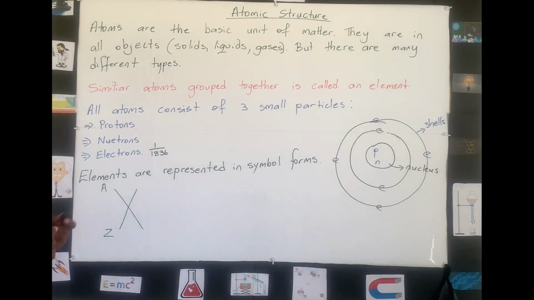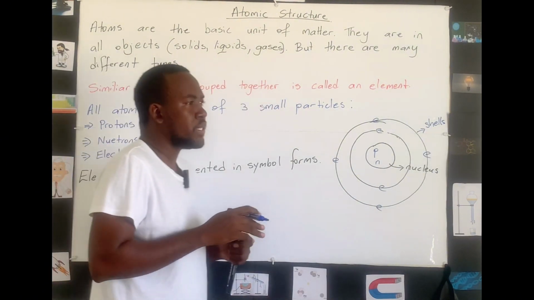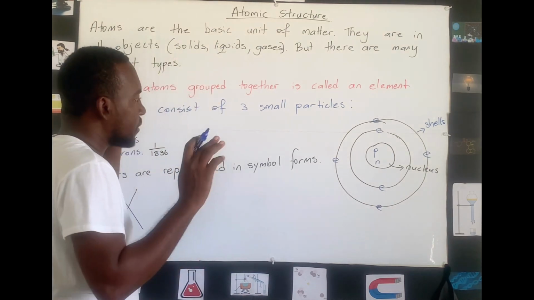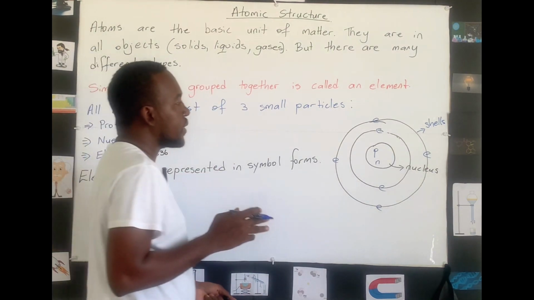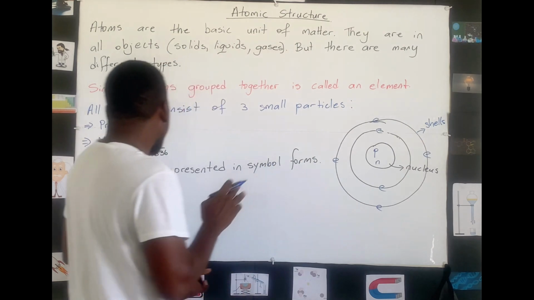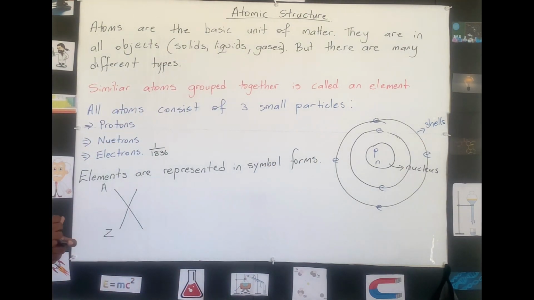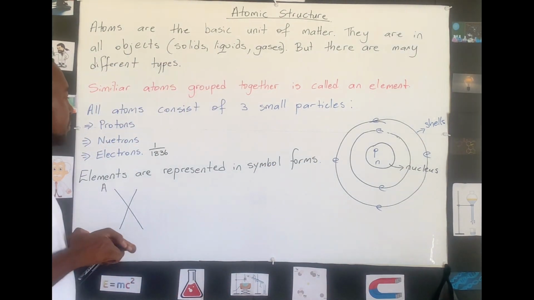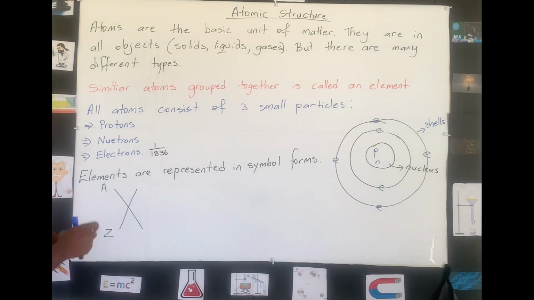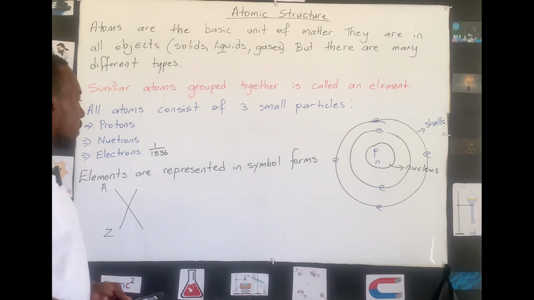Alright, so what we're going to look at now is how we represent the structure of atoms of a specific element. But before we look at that, we should note that the elements in our periodic table have a specific structure in which we write their symbol or representation.